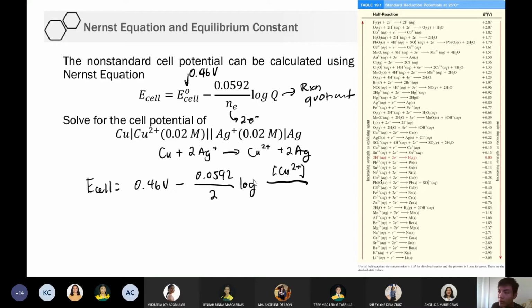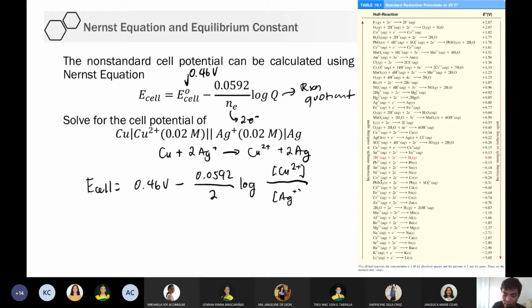Okay? Yung silver, hindi mo siya susulat because it is solid. You don't write solid or liquids. No? Ang pwede lang isulat ay aqueous and gas. Okay? Yun yung mga ions, pati yung mga gas. So, yan. So, ito, sulat mo yan. Ito, hindi. On the denominator, you have your reactants. Yung copper, di mo isusulat yan kasi solid yan. But for Ag+, yan, susulat mo yan.